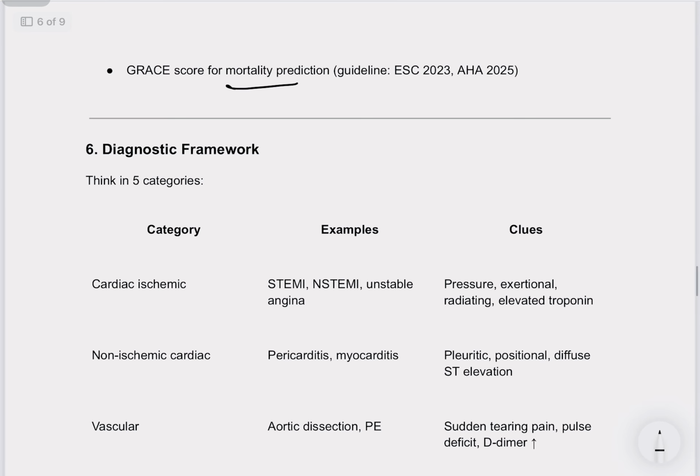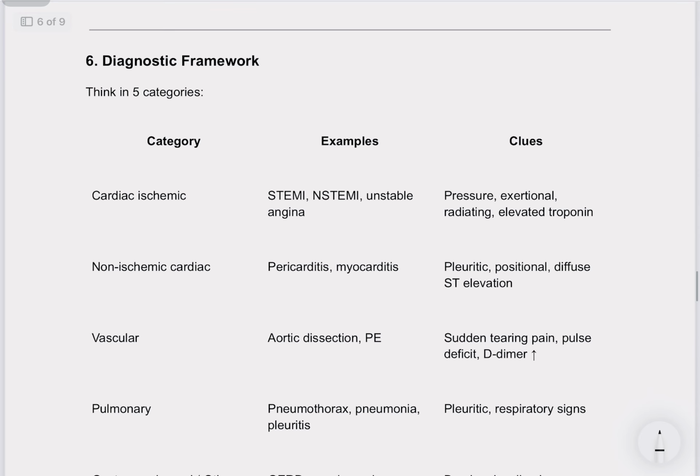After that, we make a diagnostic framework. After history, examination and investigation, if we suspect cardiac ischemia, that can be STEMI, NSTEMI, unstable angina, with pressure-type exertional chest pain radiating to the left jaw or left shoulder with elevated troponin.